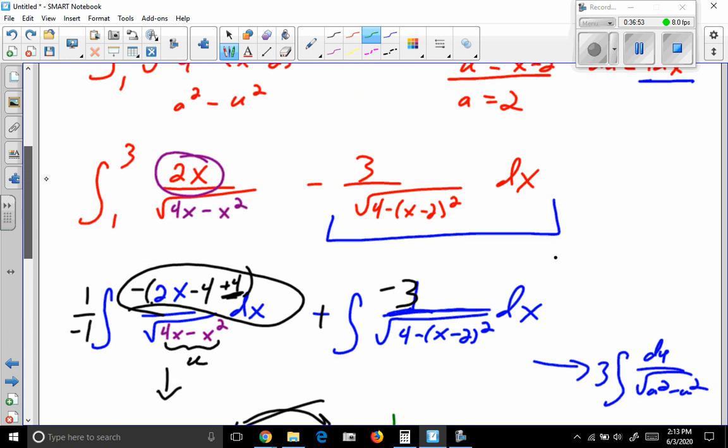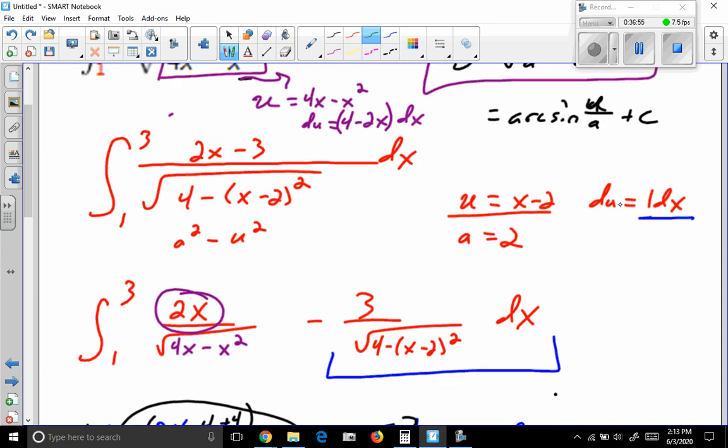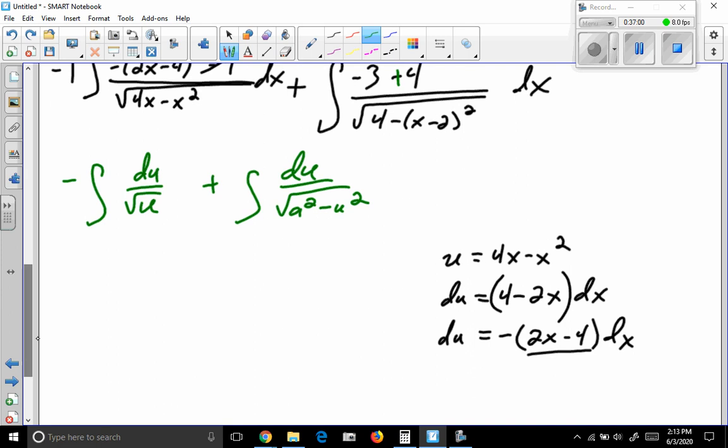So if we go back and look at, for that one, du is dx. So dx is du. That was a squared, that was u squared. So we just need to integrate both of these. And once we integrate both of those, then we can change them back to x. So for this one, that integrates into arc sine u over a. For that one, u is x minus 2, a is 2.